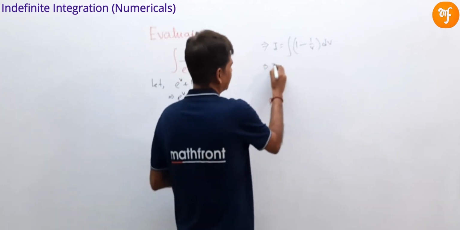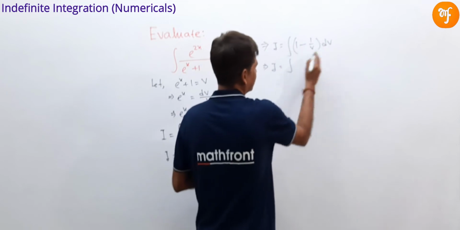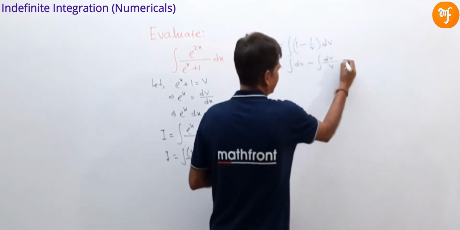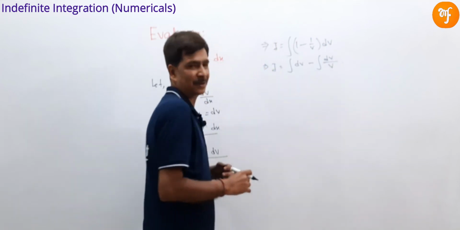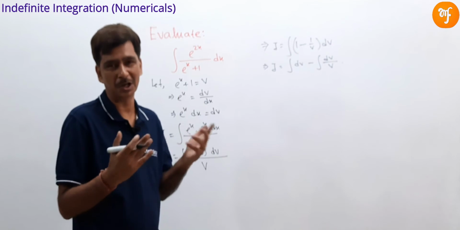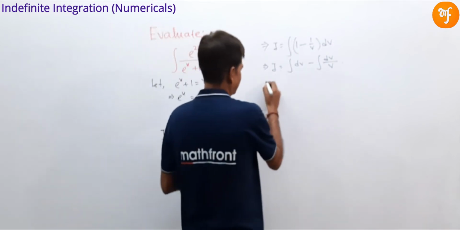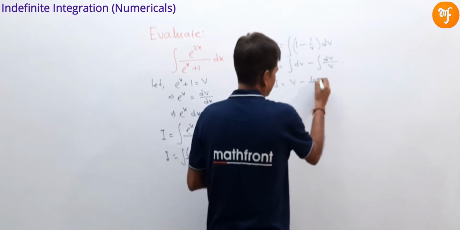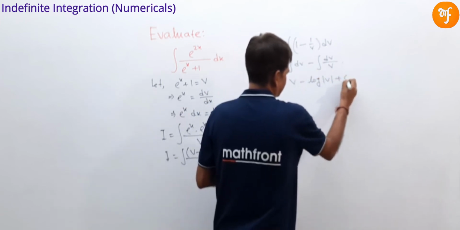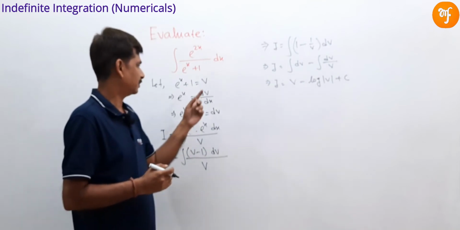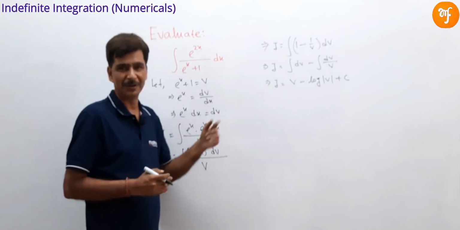So, the integration of 1 into dv, that is dv, minus the integration of dv by v. Okay. Now, the integration of dv is v and the integration of dv by v is log of mod v. So, just applying the formula, it is v minus log of mod v plus c, where c is the integration constant. Now, finally, substituting the value of v to get the final answer.